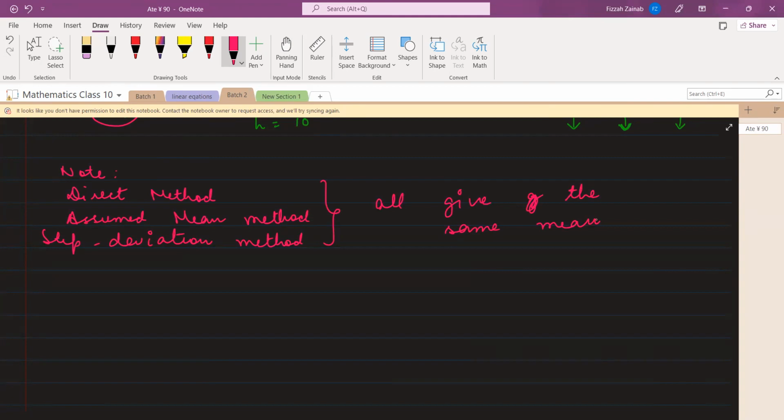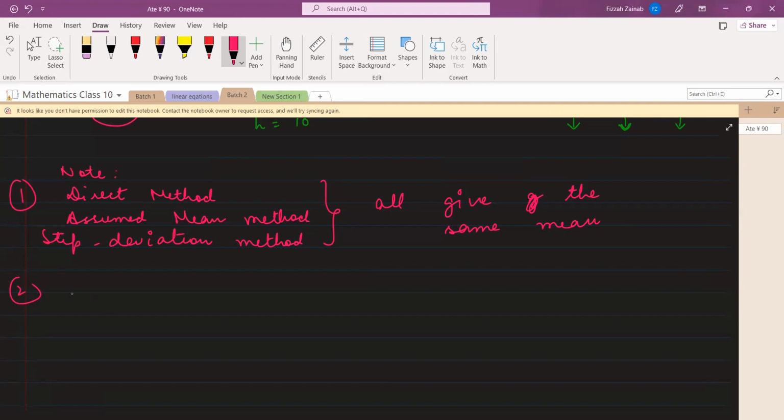Is that okay? This is like the first note you can say. Basically, assumed mean method and step deviation method are nothing but further simplification of the direct method. It's nothing new. We are just making the numbers small to make the calculation easier.